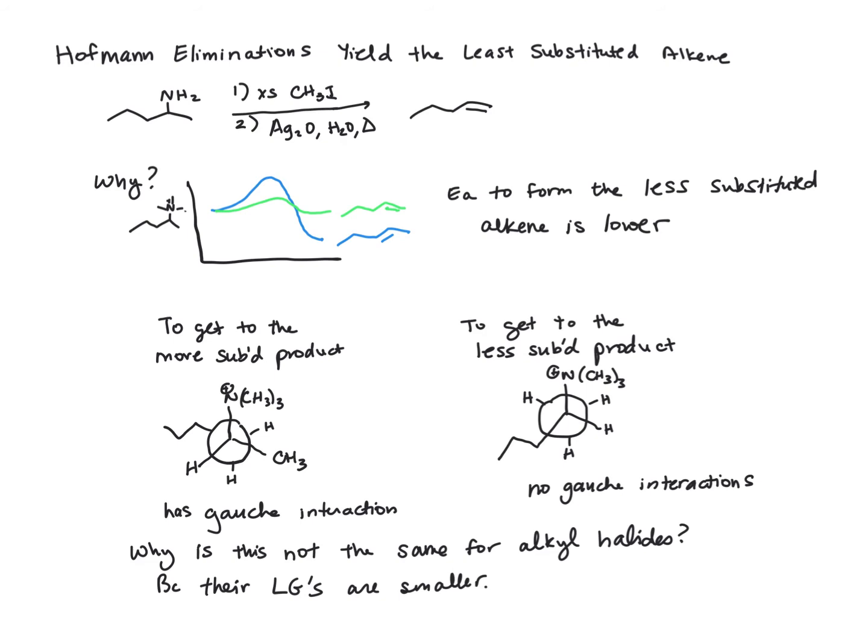So, for example, we have the conversion of this amino pentane, 2-aminopentane, and instead of forming the more substituted product, we form the least substituted product.